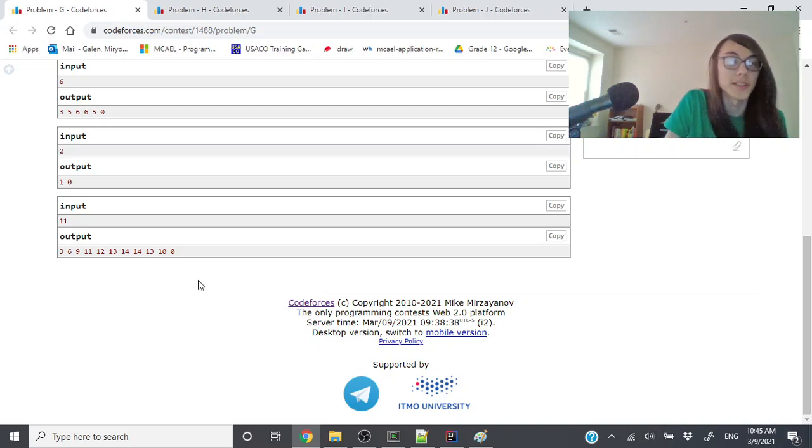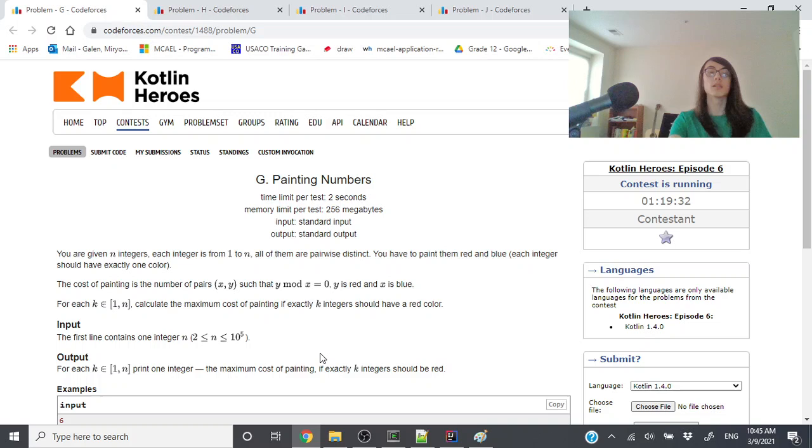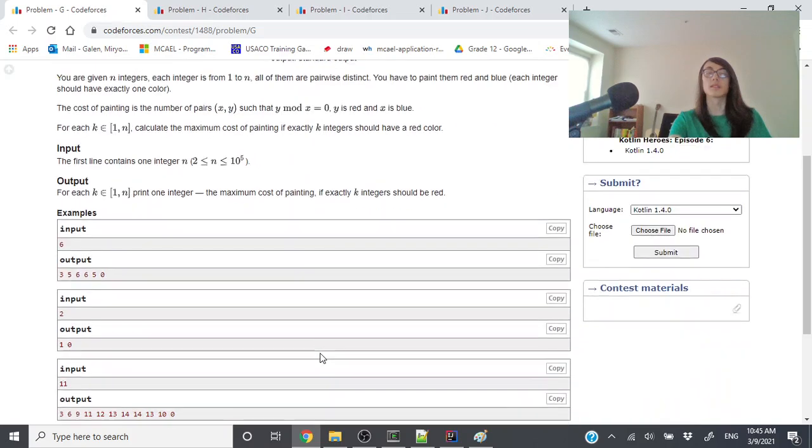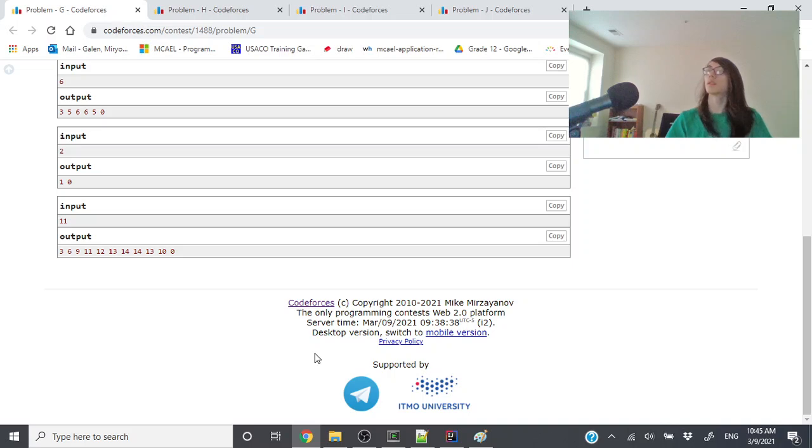So the optimal strategy here for 11. First we put it in 1. Then we put it in 2 or something. And then 2 would give us +4 and then subtract 3. And then we can put it in 3. And 3 would give us +3 and subtract 1.